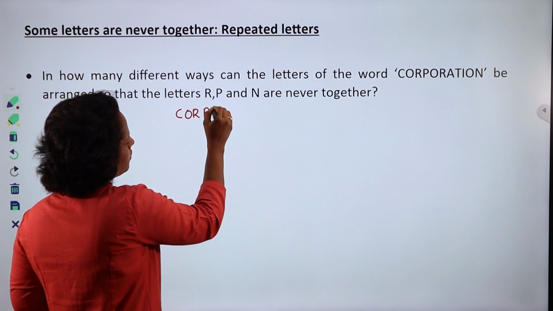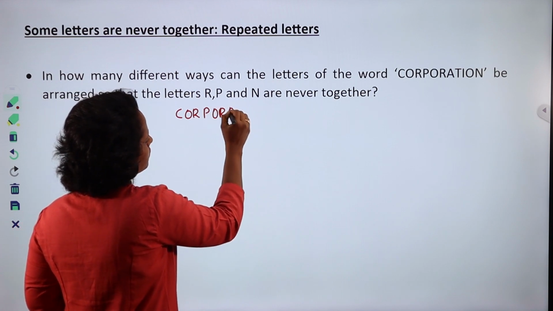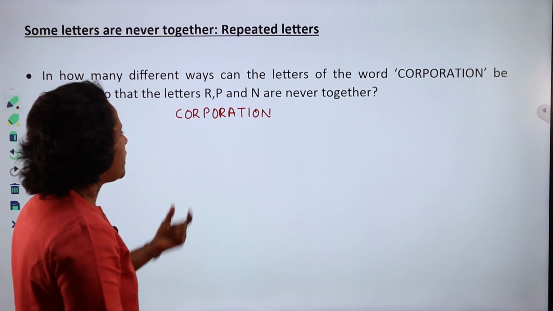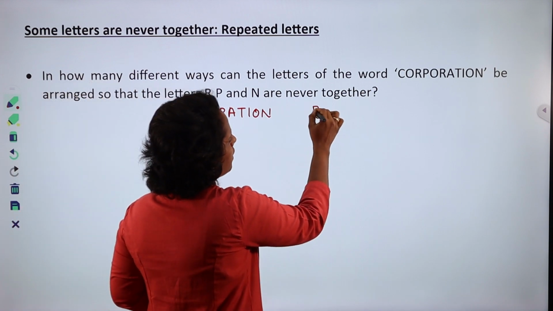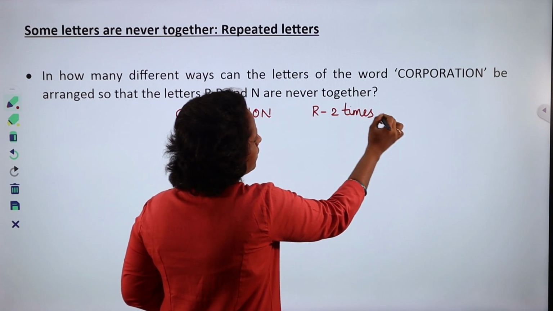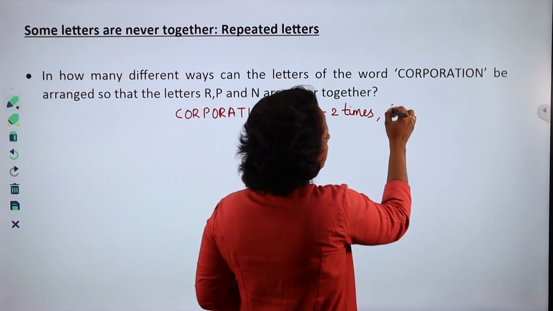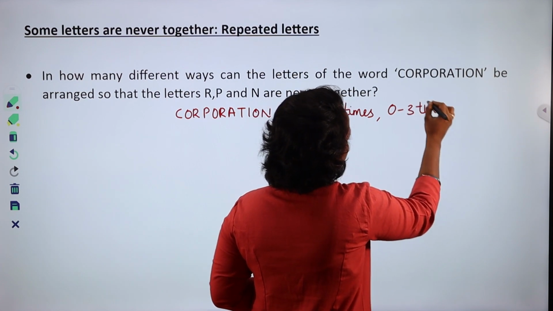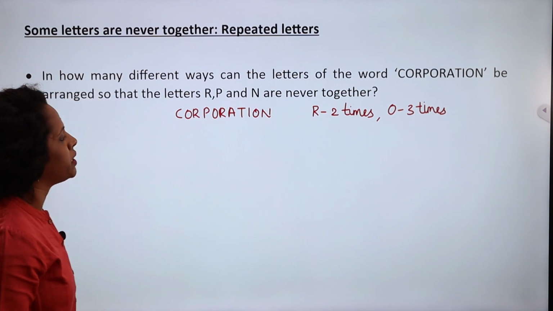Corporation. Here the letter R. R is repeated 2 times. And the letter O is repeated 3 times. Right? Only these 2 letters are repeated here.